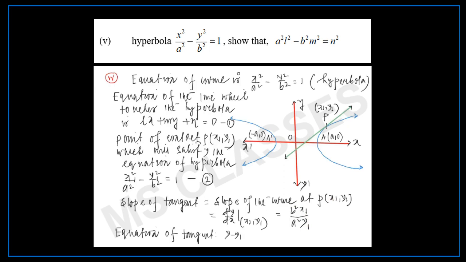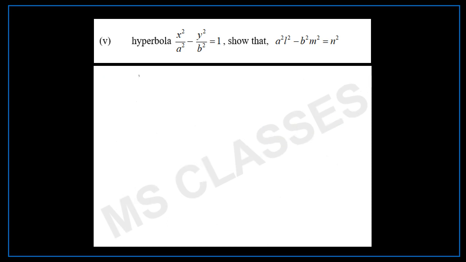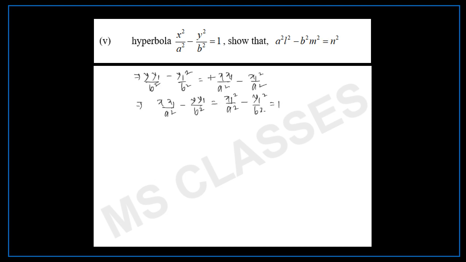So equation of tangent: y minus y1 equal to b square x1 by a square y1 into x minus x1, which on further simplification we get y1 y by b square... Now this gives us x x1 by a square minus y y1 by b square equal to x1 square by a square minus y1 square by b square equal to 1 by equation 2.